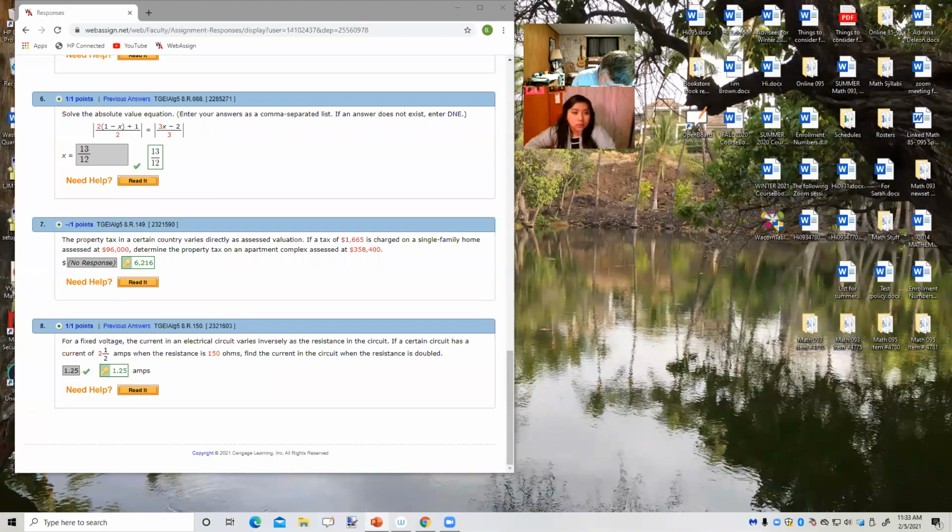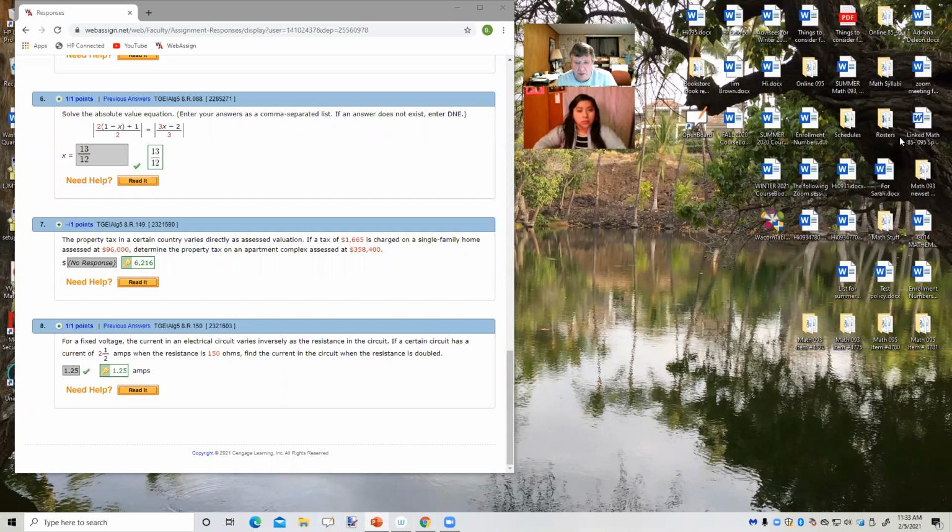So P equals KA. If a tax of $1,665 is charged, so that's P, $1,665 on a single family home assessed at $96,000, so that would be A.